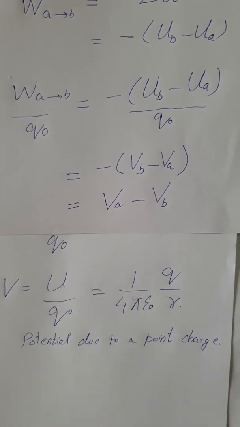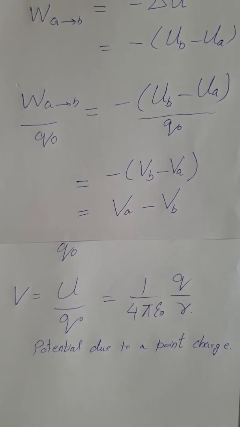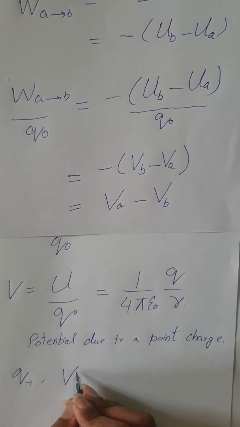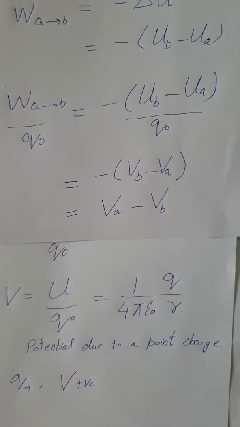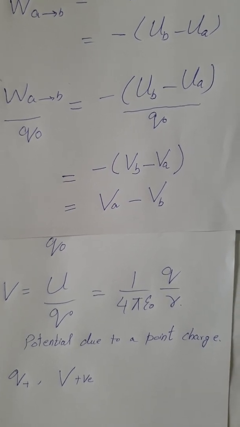If Q is positive, the potential it produces is positive at all points. If the charge is negative, it produces a potential that is negative everywhere.